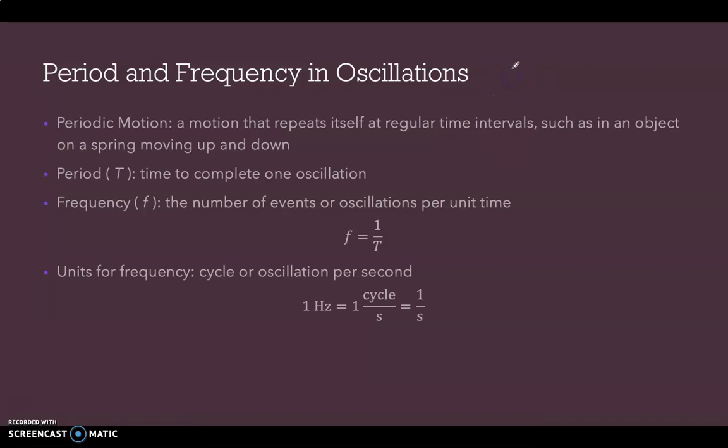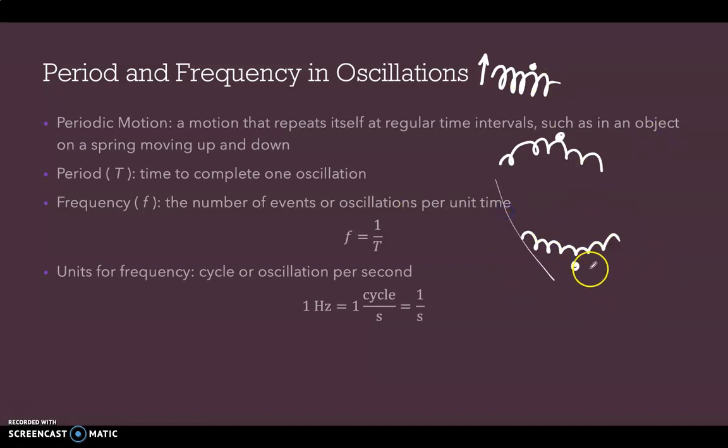Say I have a spring and I place an object here, and then I displace the spring upward. That object will go upward, and then eventually it'll go downward and so forth. That's the idea of periodic motion.